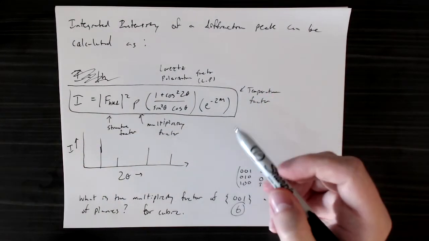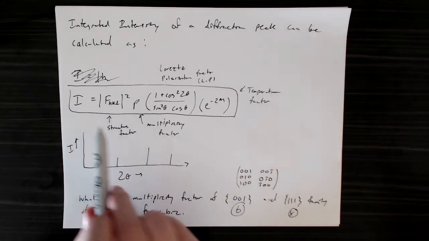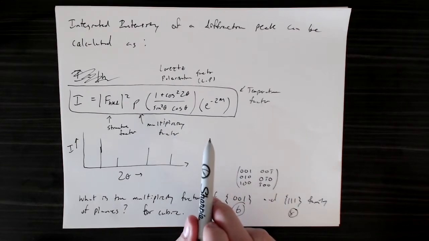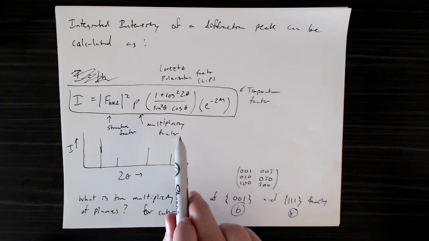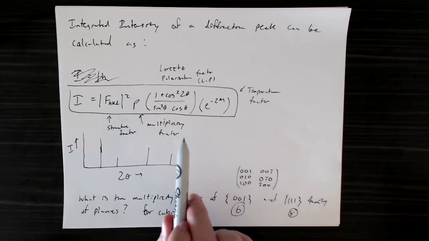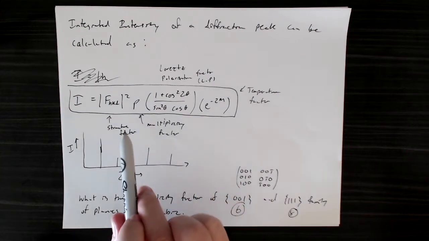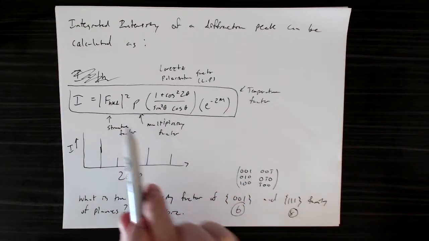To be able to solve for a given intensity of a peak, we need to be able to solve for all of these. And so obviously this is an excellent opportunity to use a spreadsheet like Google Sheets or Excel. Next, I'll go through each one of these and hopefully guide you on how to either solve for it or find the value.